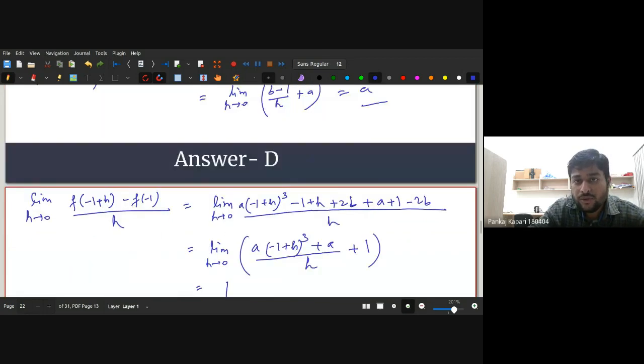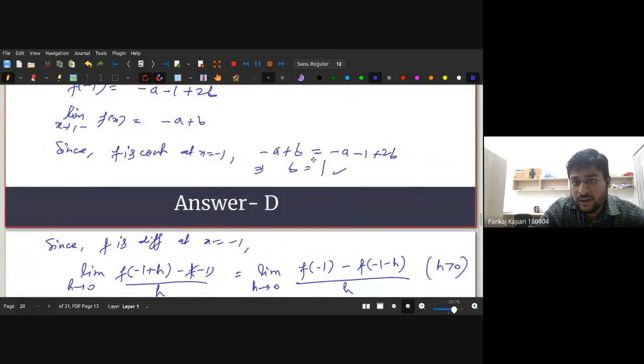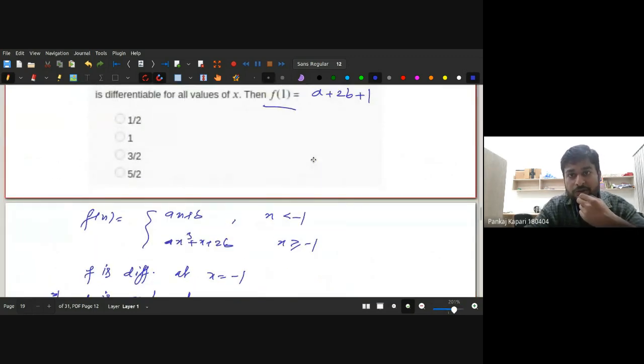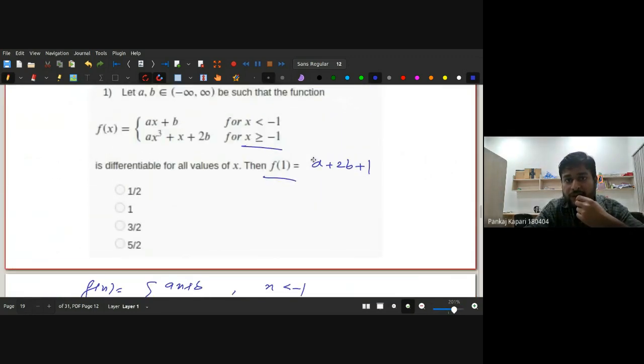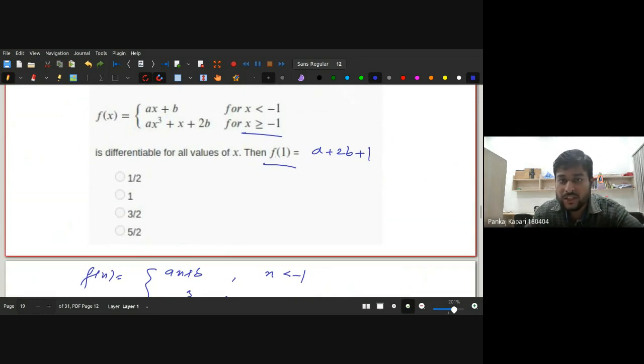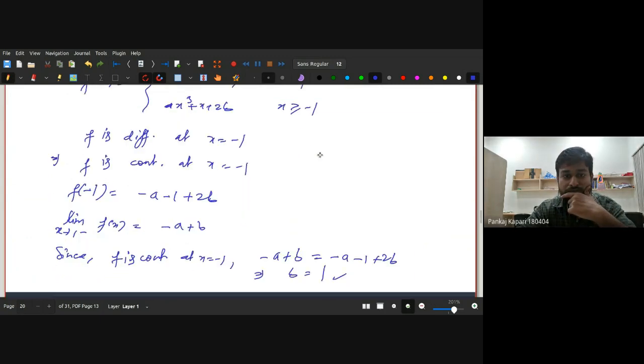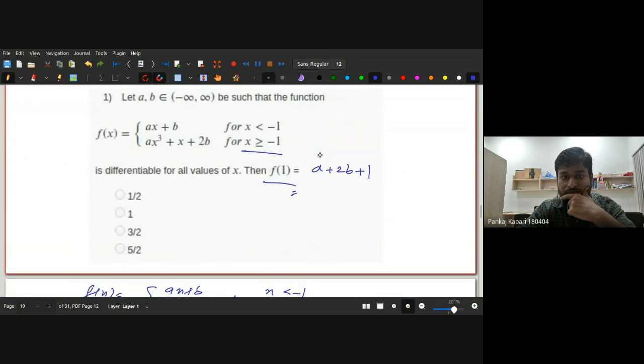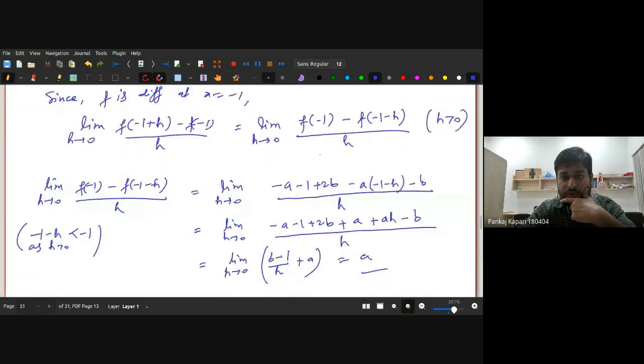So now we get that a is 1 and b is also 1. Now we can tell what the value of f of 1 is. So what is f of 1? It must be 4, right?